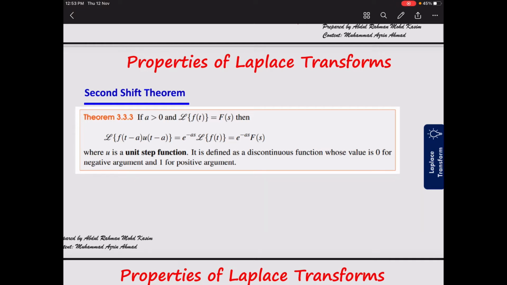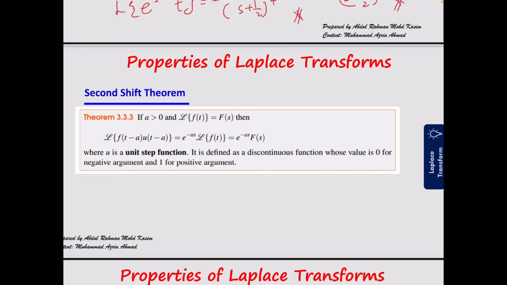But if you have a combination of two functions, f and another function u, we can Laplace it using the second shift theorem. You will get exponent negative as, and then the output of the Laplace of the function f(t), just like this.